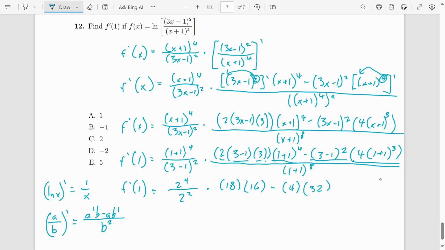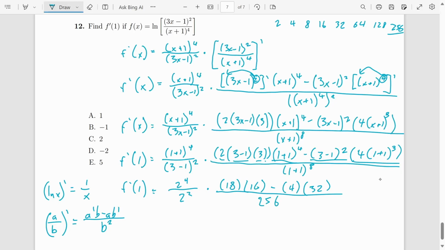Yeah, 32. I got my powers of 2 memorized. And then on the bottom, we've got 2 to the eighth. That is going to be, so let's see, 2, 4, 8, 16, 32, 64, 128, 256. This is the eighth number, so this is going to be 256.